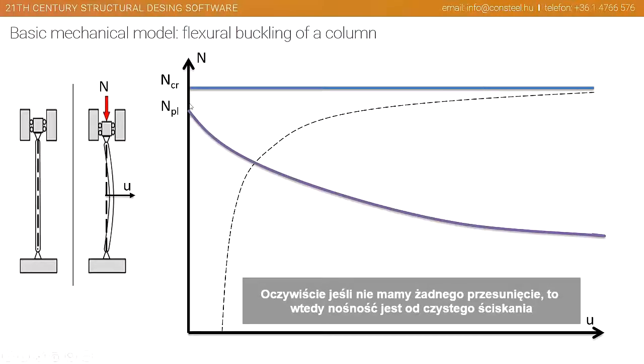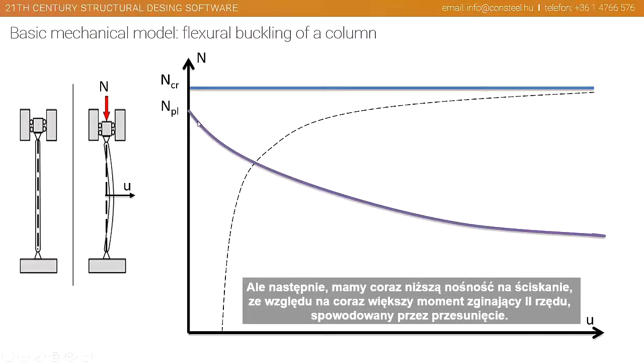Of course, if we do not have any lateral displacement in this cross-section, the cross-section gets purely compression. So we have the resistance for compression here, but then we have lower and lower resistance for compression due to the larger and larger second order bending moment caused by the lateral displacement of this cross-section.